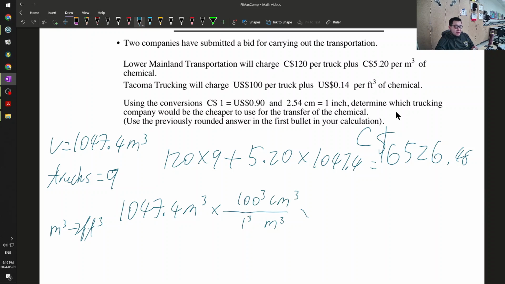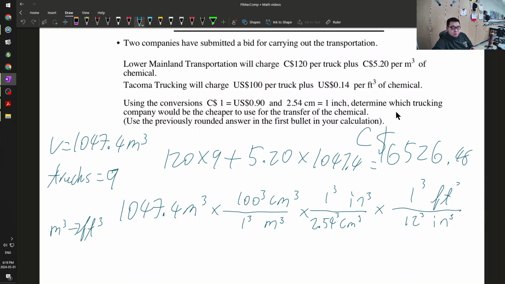Now we have centimeters cubed, we can convert to inches cubed. 2.54 centimeters is equal to 1 inch, but everything is cubed, so we cube all the numbers and all the units. And lastly, inches into feet. 12 inches is 1 foot, but everything is cubed, so we cube everything.